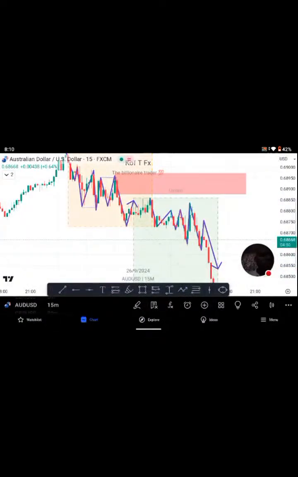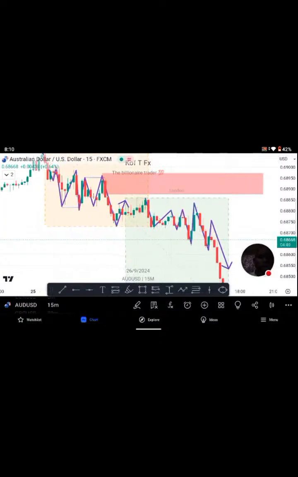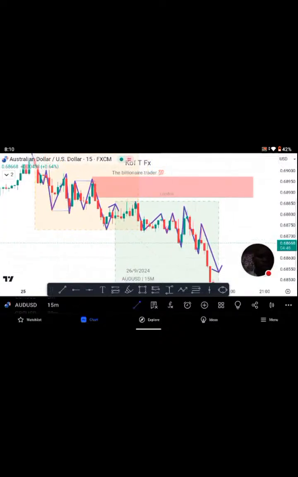Number one, there is this break of structure, and this is another BOS.